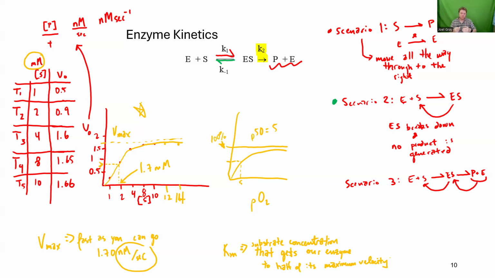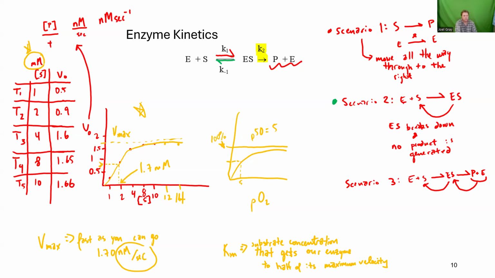Okay, so these are important kinetic parameters. Now, that first item there, Km, substrate concentration, let me ask you this. Do you think that a Km has units? Yes or no? Okay, yes. What do you think those units might be in this particular example? Well, we can look at what the units of our substrate were.